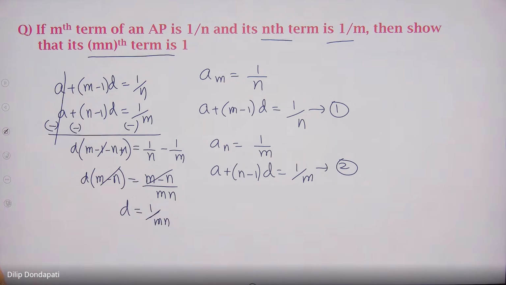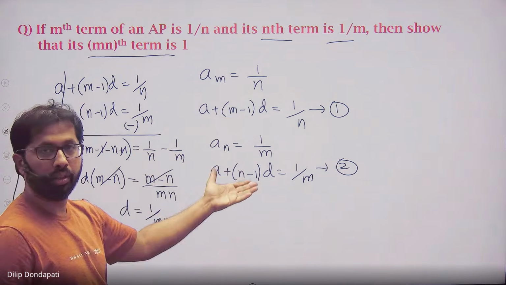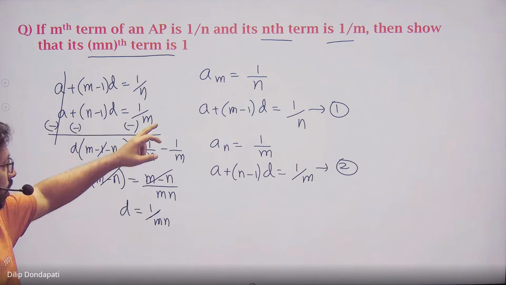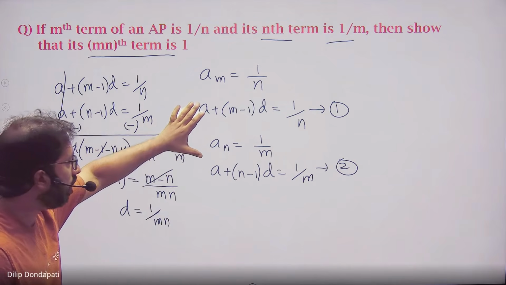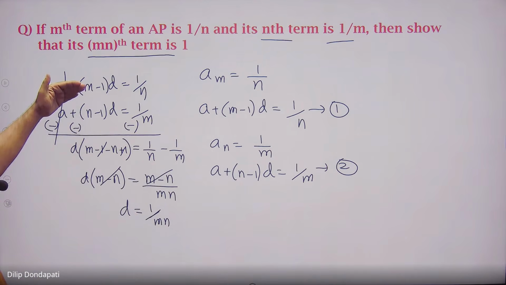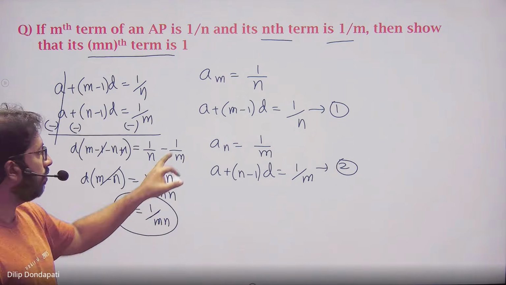Now a value आने के लिए क्या करेंगे? Just substitute this d value in any one equation so that you will get the a value also. After giving the two equations, just solve the two equations to get the value of a and d. So I subtracted, that's it. कुछ नहीं किया. Subtract करके d find किया. Now d value I'm substituting in the first equation.